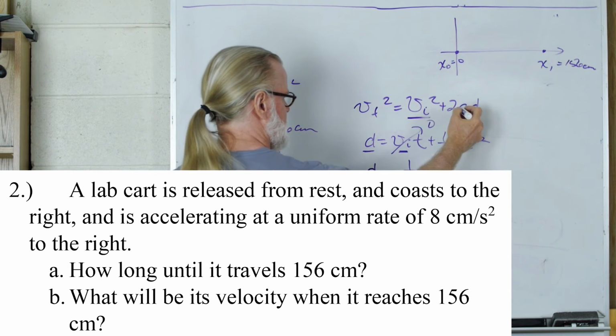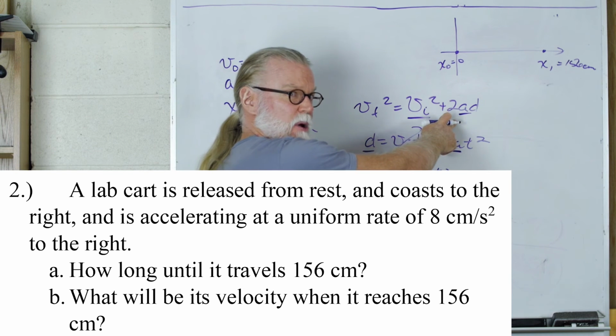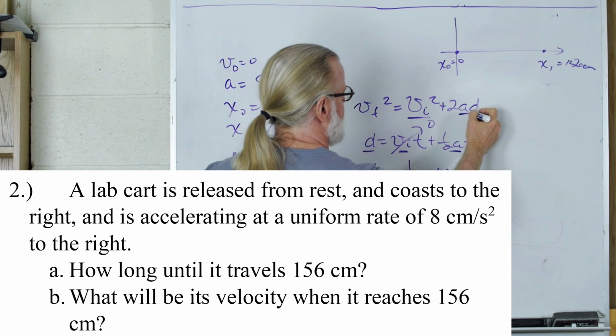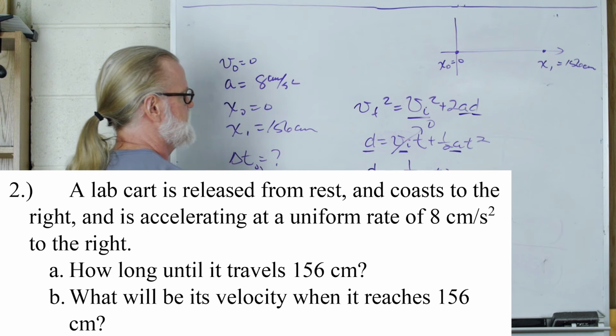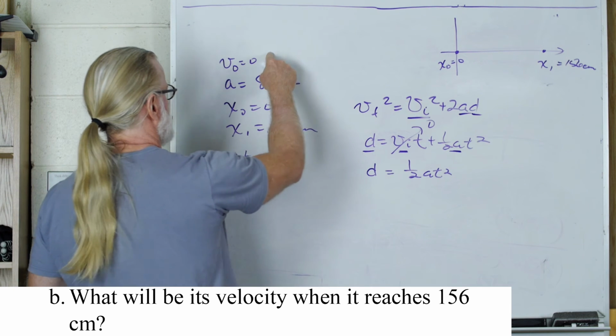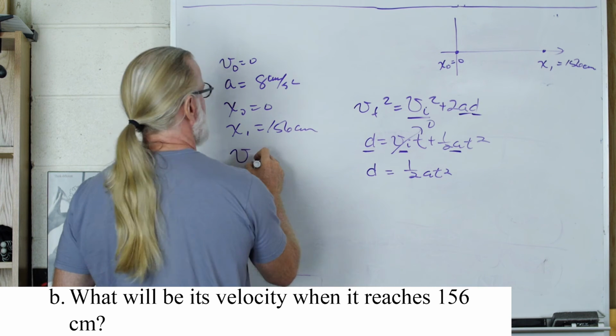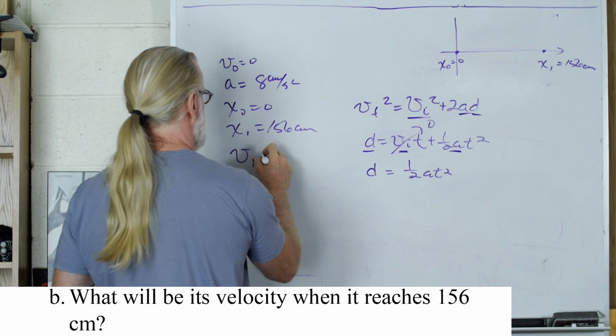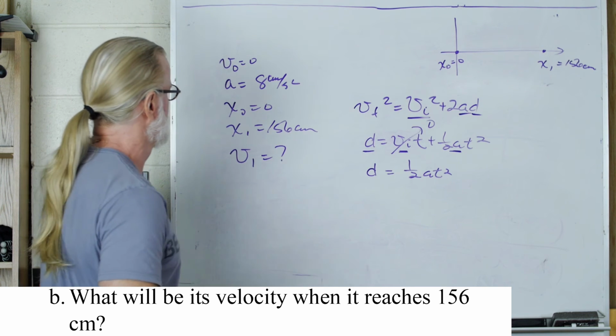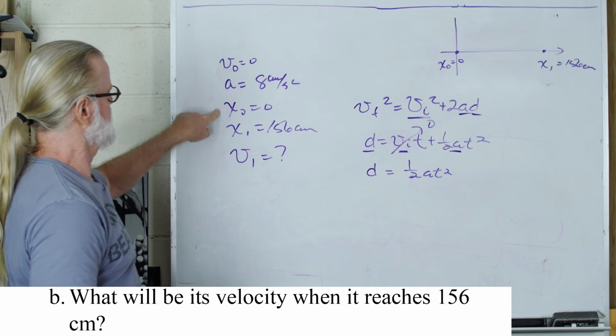We have V initial. We have acceleration. We have 2. We always have 2. And we have the displacement. V1 equals question mark. All right, so all this stuff's good.